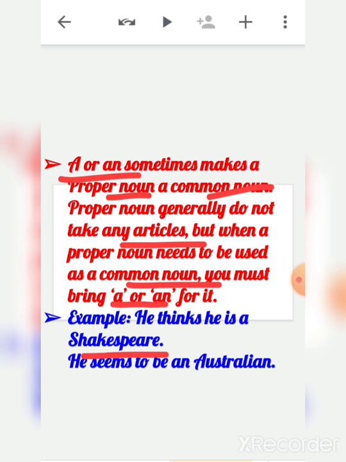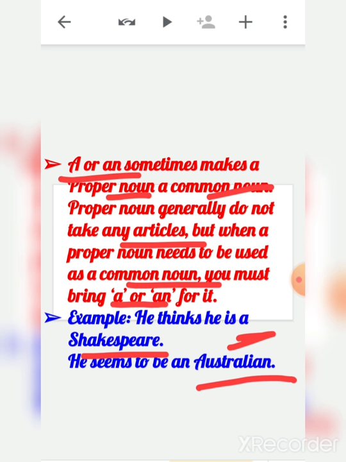So Shakespeare is a proper noun, but in this case, he is just saying that he is like a Shakespeare. He is not a real one, right? So what do we have to use here? A. He seems to be an Australian. Now here Australian, see, Australia is only one country, but there are many Australians, right?